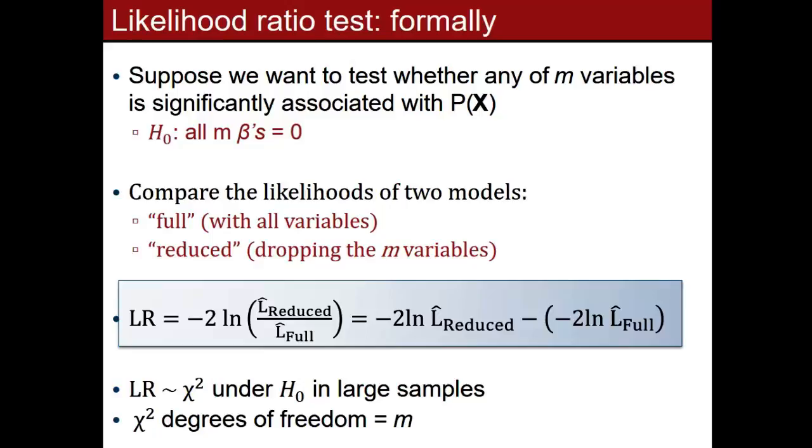And so what you do is you take 2 models, one that has all the variables, the full model, and then the reduced model that drops any number of variables. I want to test whether 5 variables are not significant, or whatever it is. You compare their likelihoods by comparing the difference of the negative 2 log likelihoods. This here, it's the reduced minus the full.